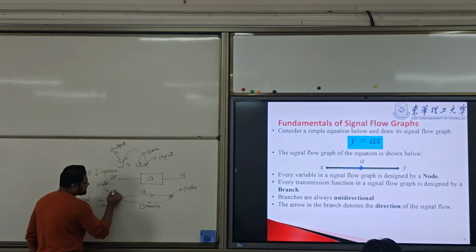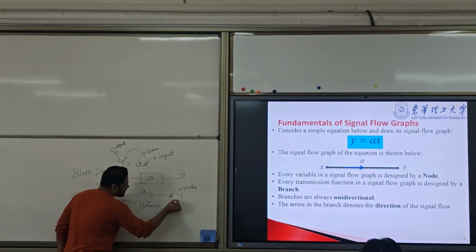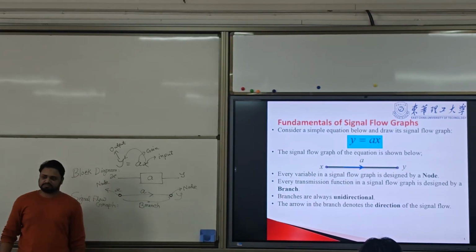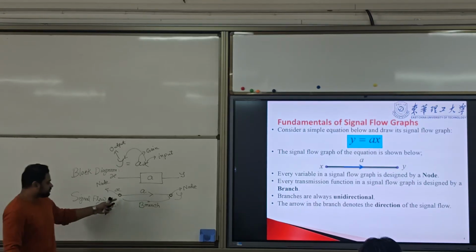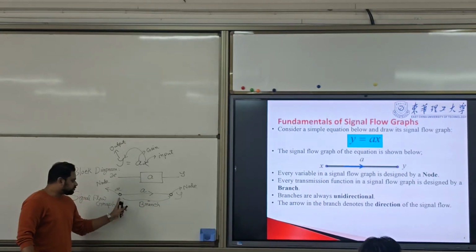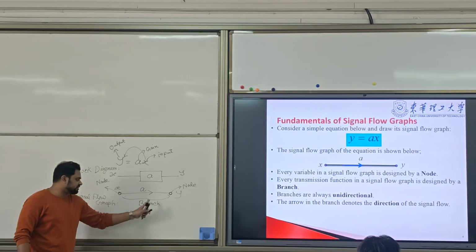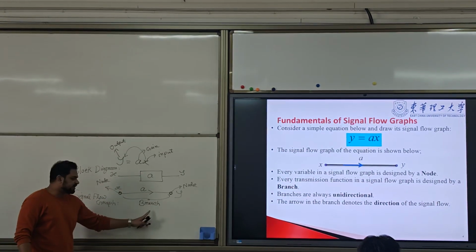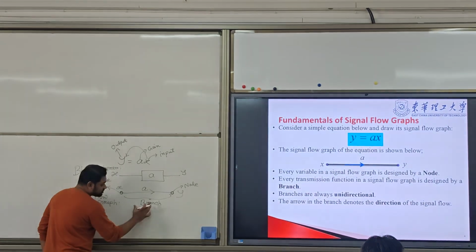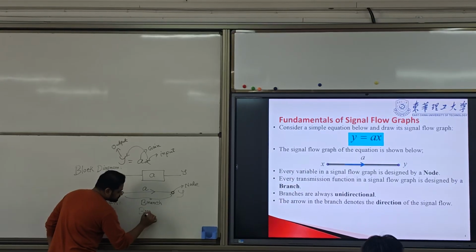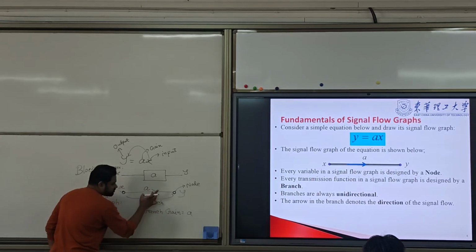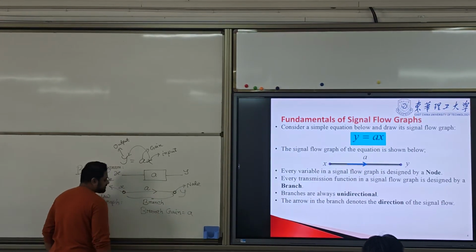Because look at this: the signal is flowing from X to Y with a gain A in the forward direction, with two nodes, X and Y, and the branch is this. The gain of this branch is A. This is called the branch gain. We will need it a lot of times. Remember this, the branch gain.